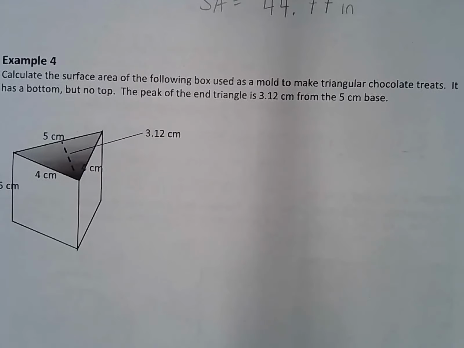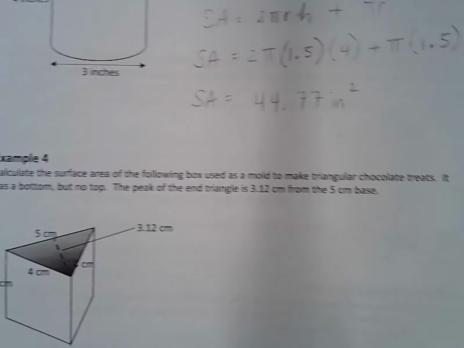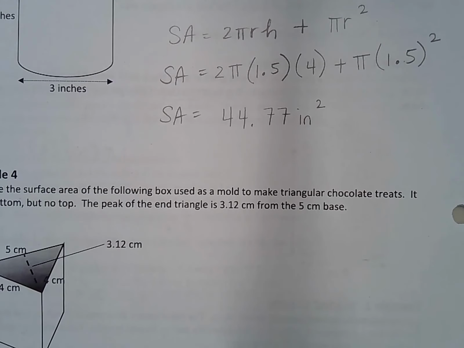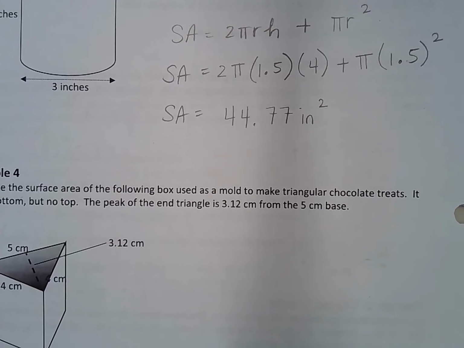Okay, example 4. Now let's take a look at example number 4. It says there, calculate the surface area of the following box using a mold to make triangular chocolate treats.